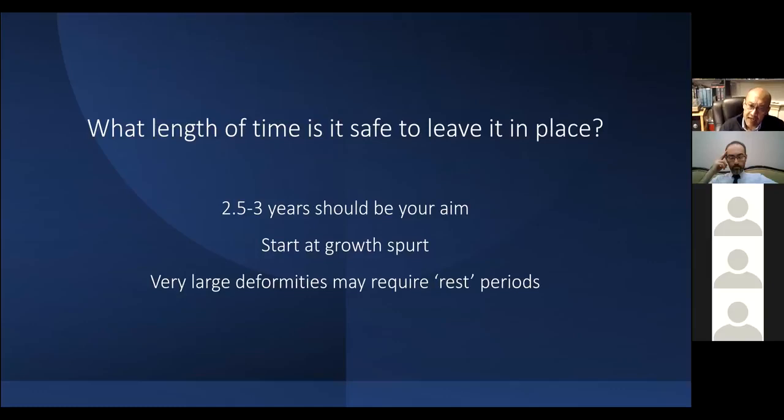If you've got a very large deformity and you cannot complete the treatment in 2.5 to 3 years, then it may be advisable, at around 2.5 years, to take out one screw so that you give a rest period of 6 months to a year, and then reinsert the screw to start the correction going again. So these are ways in which you can try and protect the physis from generating a permanent bar or a tether.